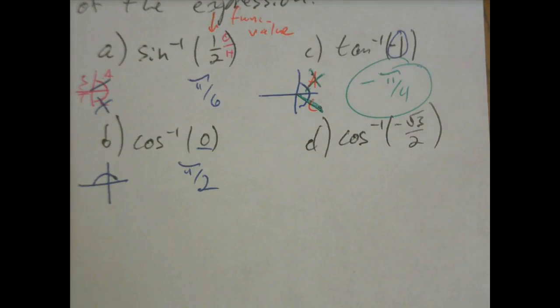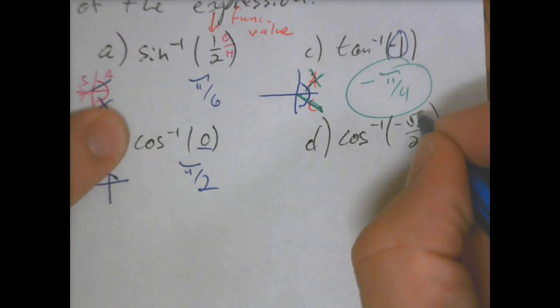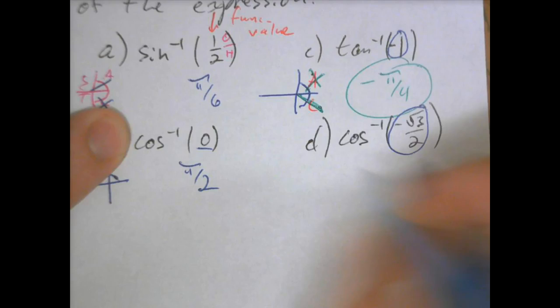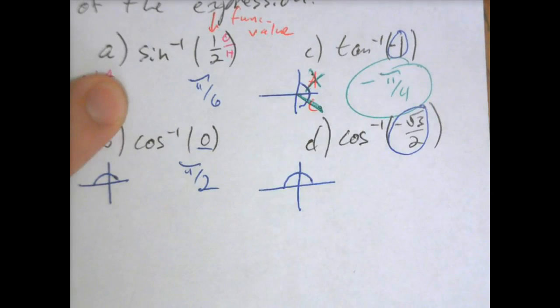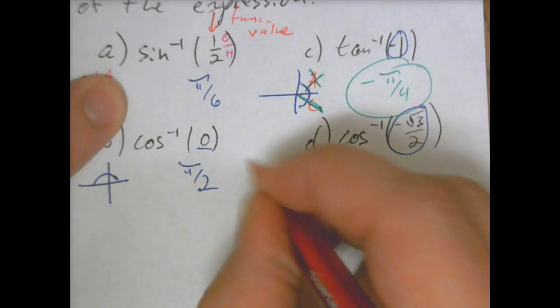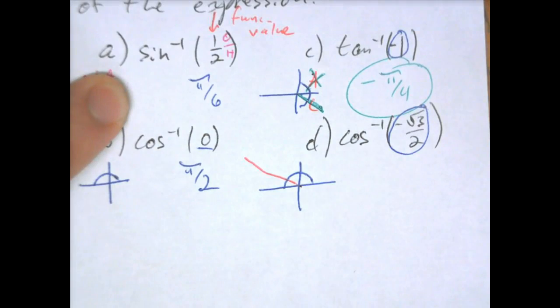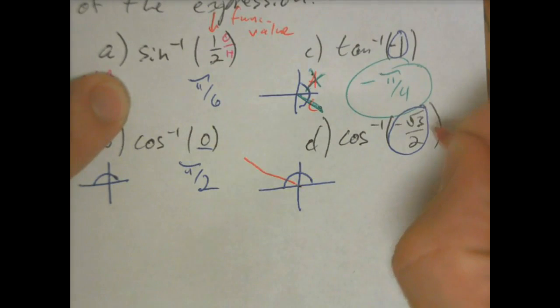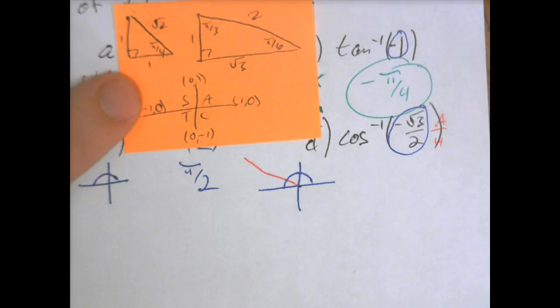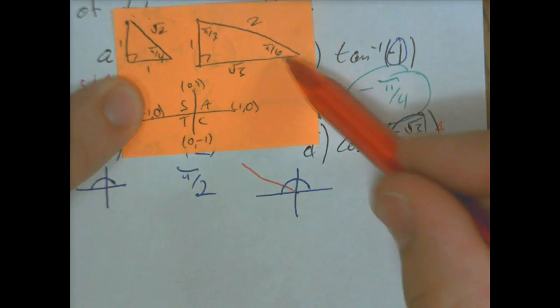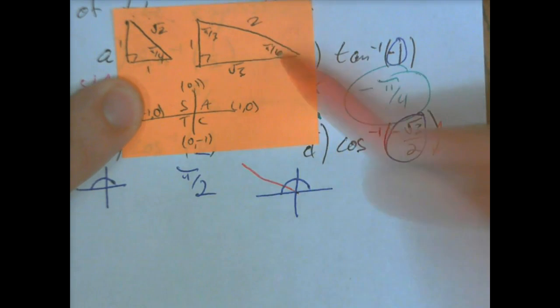Alright, with this next one, cosine inverse is a little bit tricky. Make sure that you notice that this is negative. Cosine inverse, again, only exists in quadrant 1 and 2. If it is positive in quadrant 1, then I know I have to be in quadrant 2 with my angle. For adjacent over hypotenuse to be root 3 over 2, since it's cosine, adjacent over hypotenuse has to go from your pi over 6 angle.